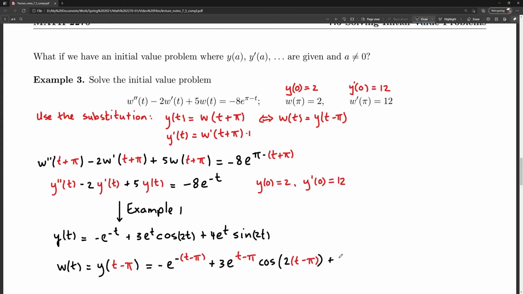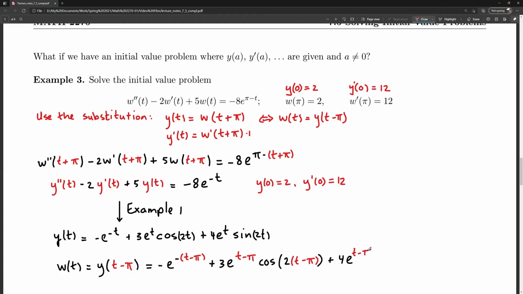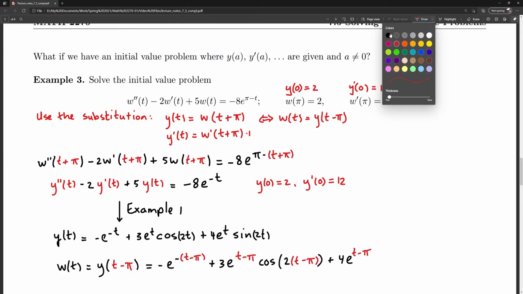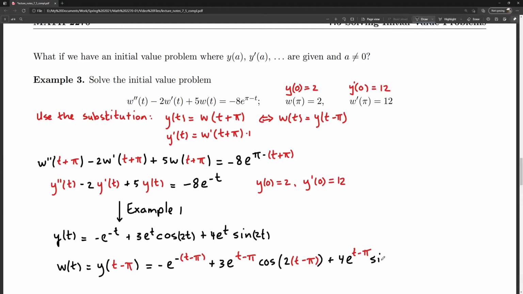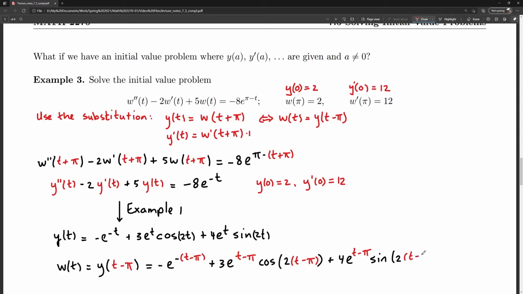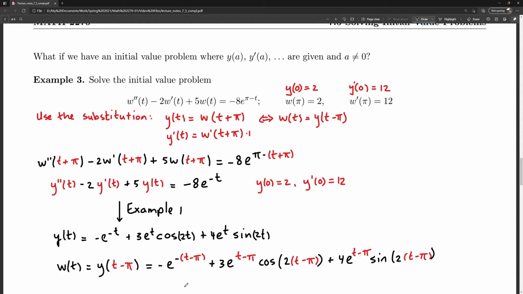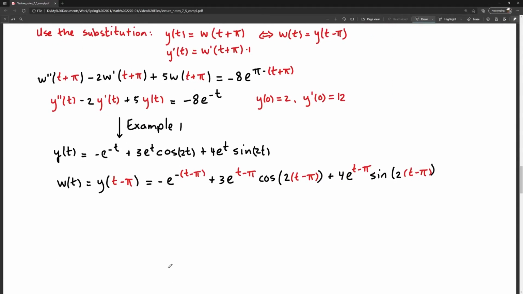And then plus 4 times e to the power t minus pi times sine of 2 times t minus pi. Now that would be an acceptable answer, but we can actually simplify that a little bit.